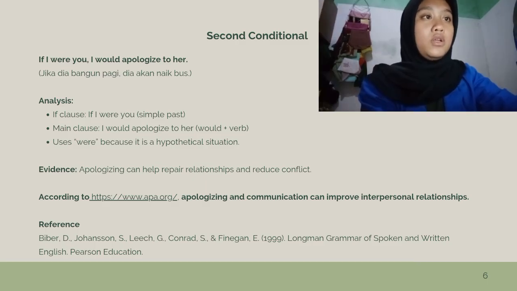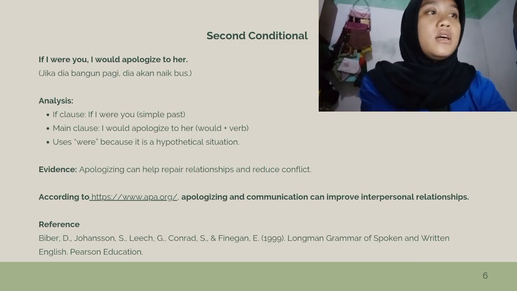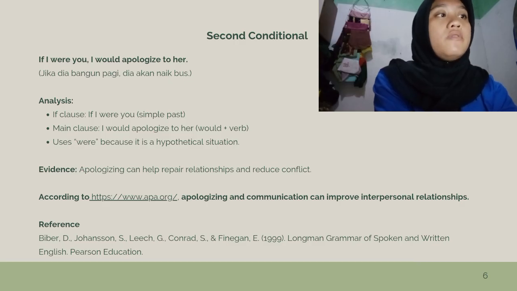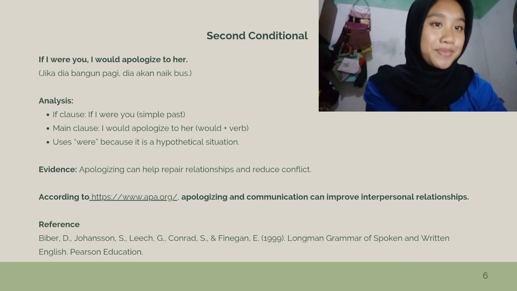The evidence is that apologizing can help repair a relationship and reduce conflict. According to the American Psychological Association, apologizing and good communication can improve interpersonal relationships. The reference for this slide is from Biber et al., 1999, Longman Grammar of Spoken and Written English, Pearson Education.